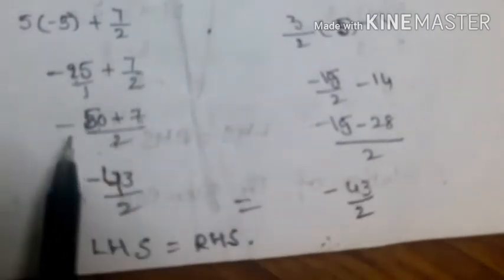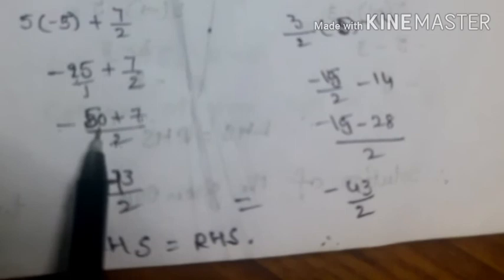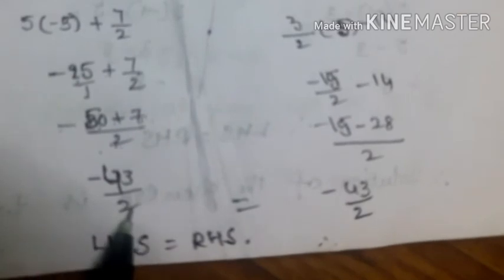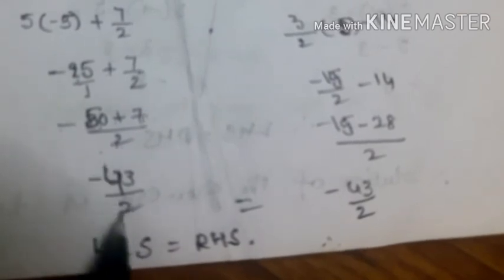That means we understand compulsorily we are doing subtraction of only these two numbers. Yes or no? So 50 minus 7 is 43. But here the larger number is 50. What is the sign? It has negative. So just keep it negative, 43 by 2. Clear? Is it possible to cancel these two? No. Okay, leave it. Go for RHS.